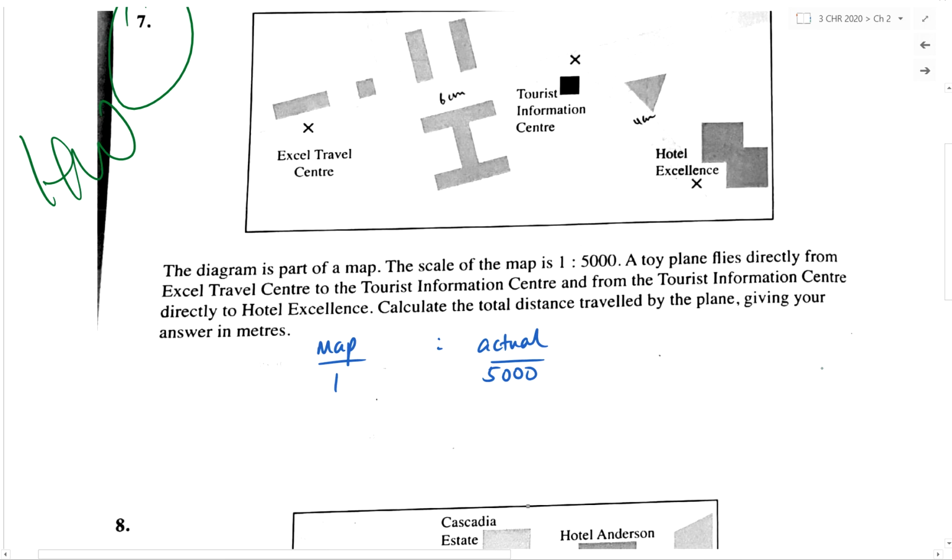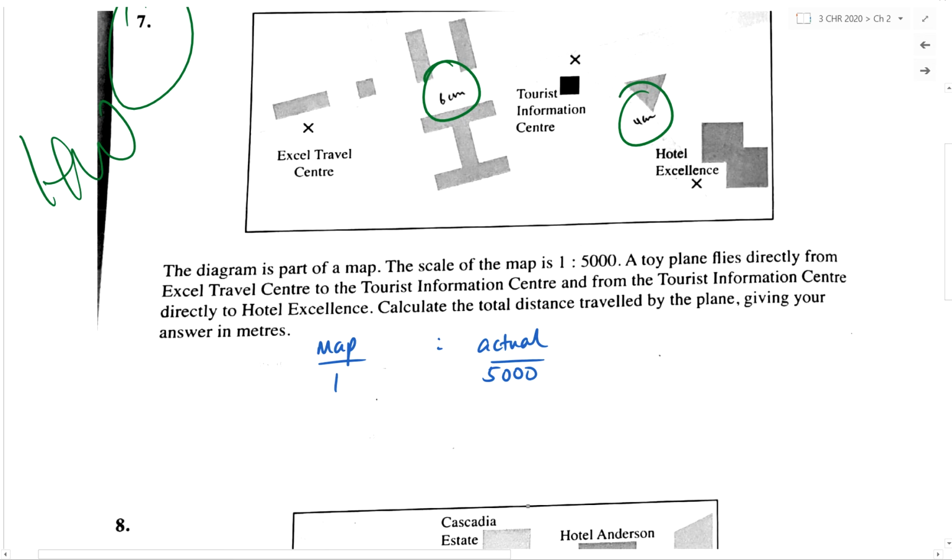So the scale, 1 to 5,000. It flew from Excel to tourist information, and then to hotel excellence. So there are two parts to the journey. Calculate total distance traveled. So we measure, they have 6 cm here and 4 cm here, total 10 cm.